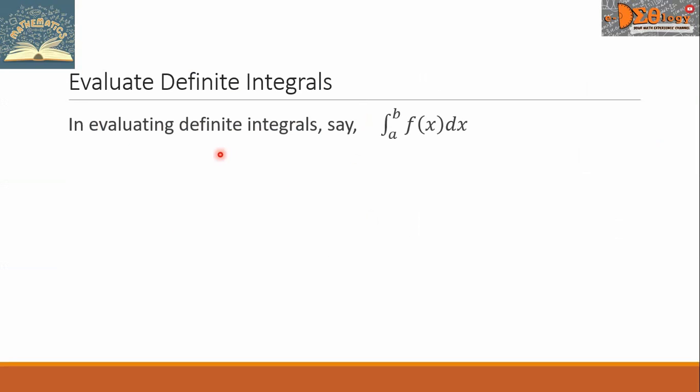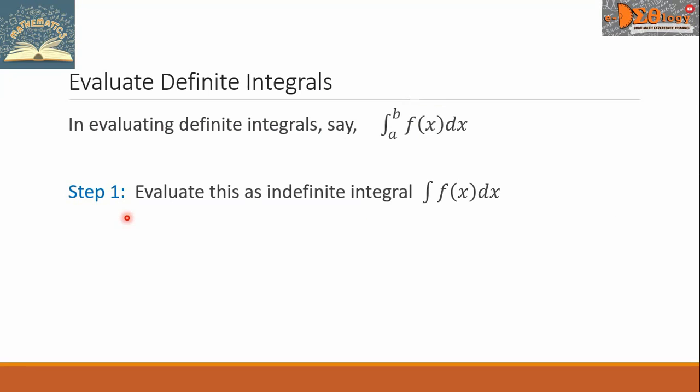In evaluating definite integrals, say the integral from a to b of f of x dx, step 1 is to evaluate this as an indefinite integral. That is the integral of f of x dx, and the result is a capital F of x.